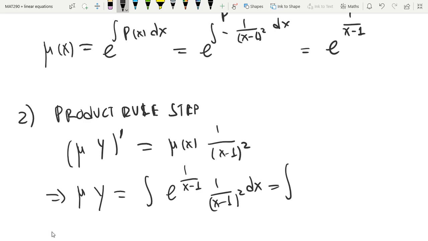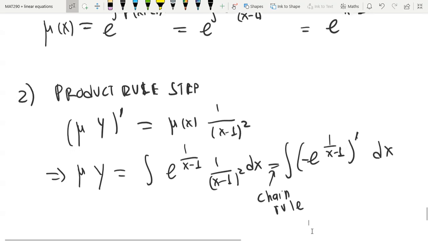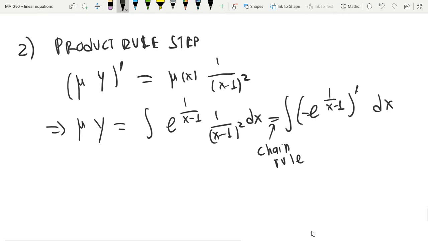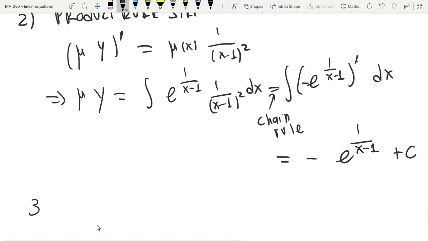And you can see that this is just the derivative of this exponential. So here we use the chain rule. If you have questions, let me know in discussion board or in office hours. So we do this, and we get minus 1 over x minus 1 plus, of course, the constant. Okay, so we found our y.